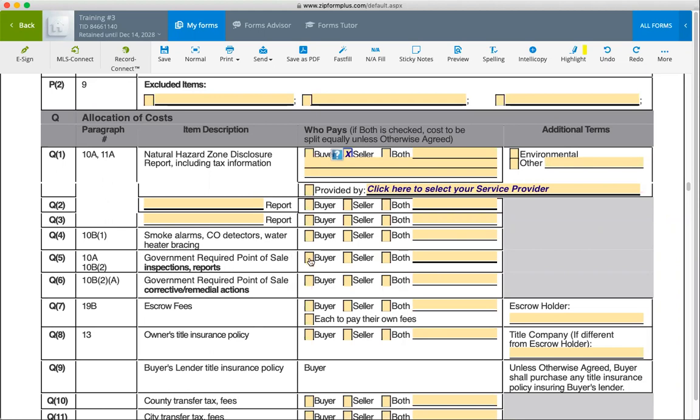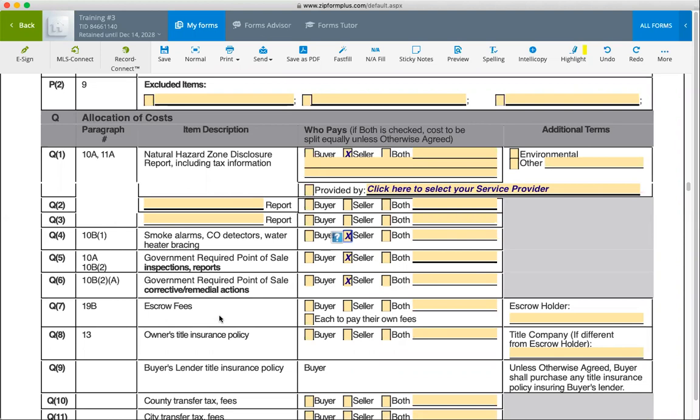And again, typically the seller would pay for that, but it's negotiable. Government required point of sale corrective or remedial actions would be that, okay, you get this inspection report and it says, hey, you need to correct this thing before the sale can close. And it's optional about who's going to pay for those. Typically, we're going to say the seller's going to pay for those.